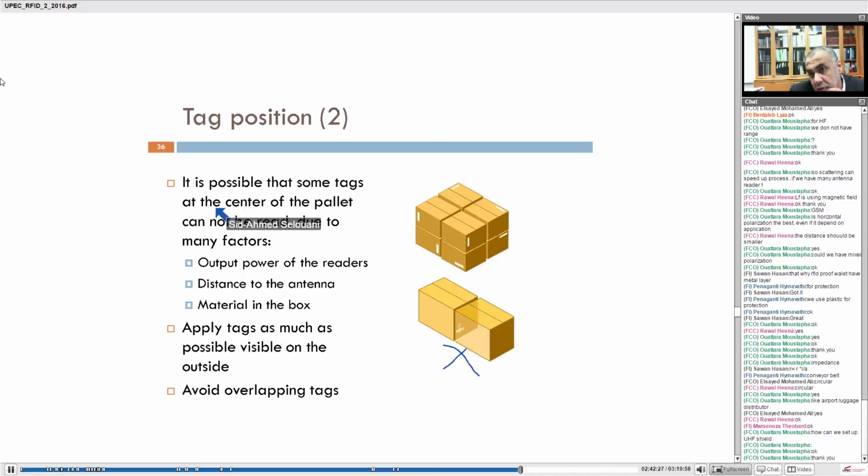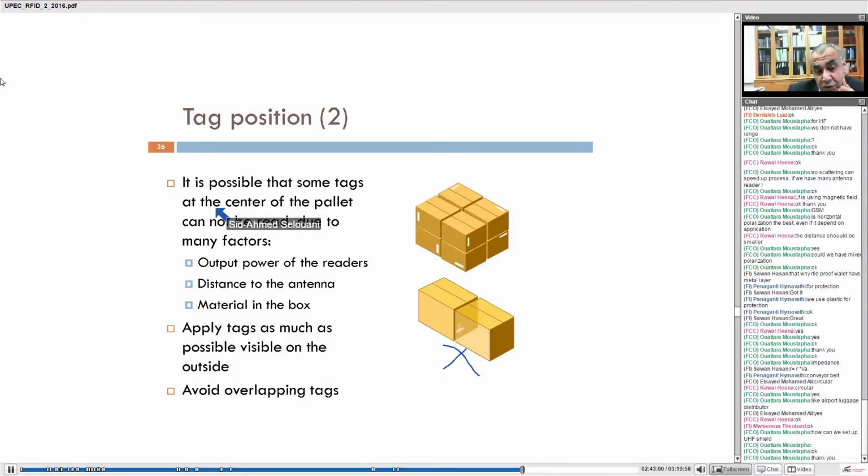So, tag positions. Remember, I told you earlier that this is not good. You have to respect the distance between the inlays. Here it's not good because the inlays are very close to each other. And if you have these boxes, do not put them close to each other in such a way that the tags are in touch.